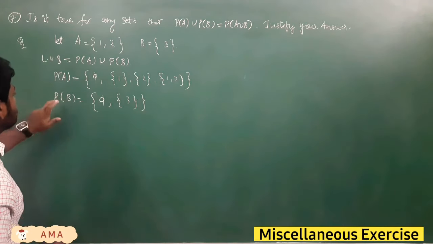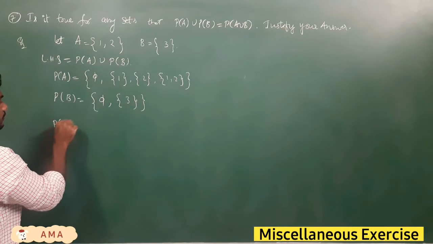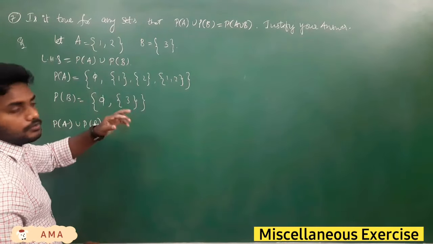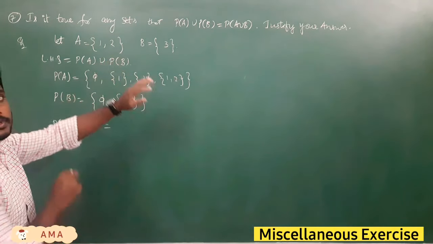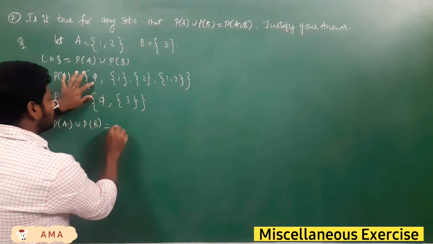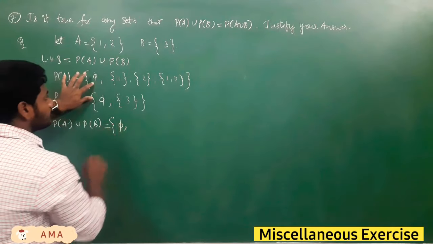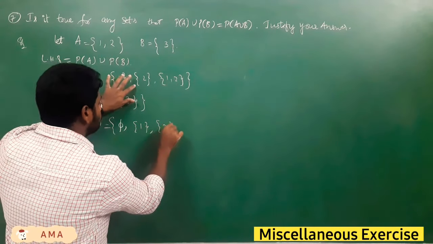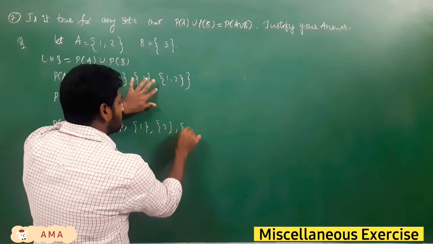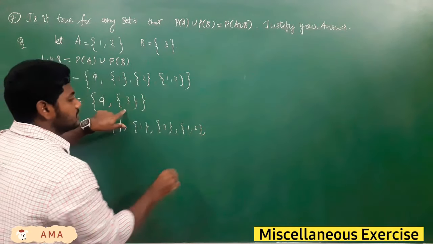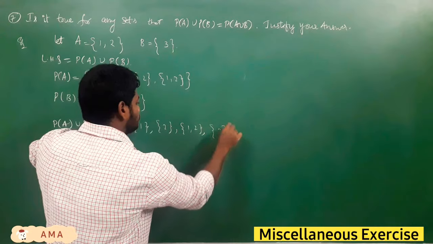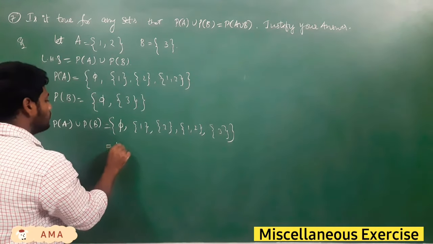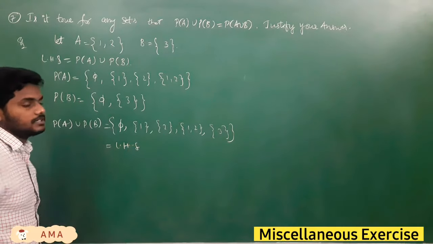So this is P of A, this is P of B. Then P of A union P of B. Union means all elements, but except repeated elements. First is empty set, comma set 1, comma set 2, comma set 1 comma 2, comma set 3. This is P of A union P of B, nothing but LHS part.